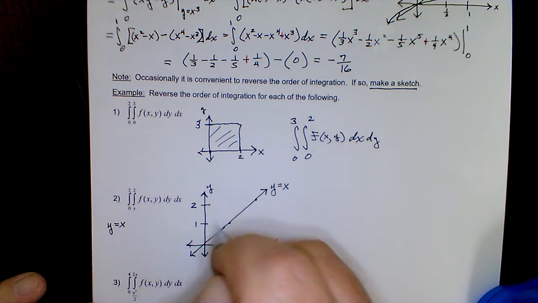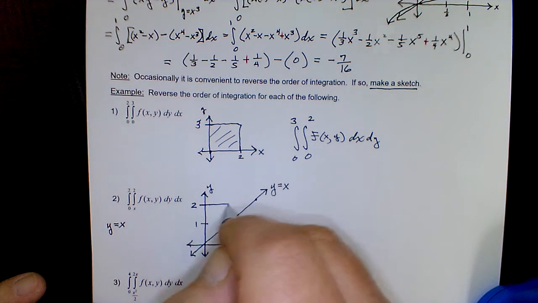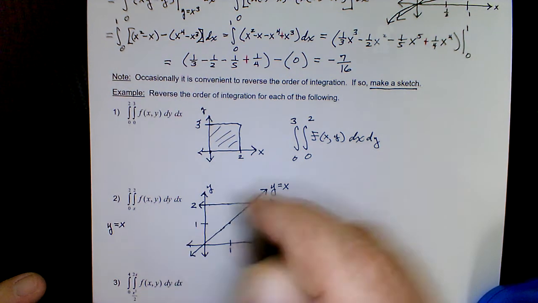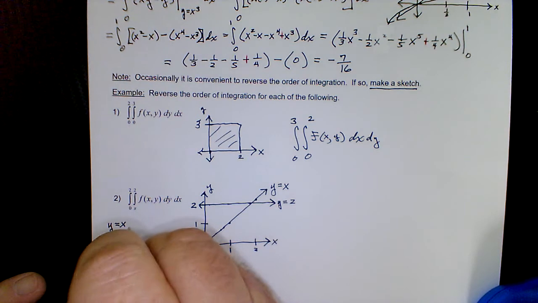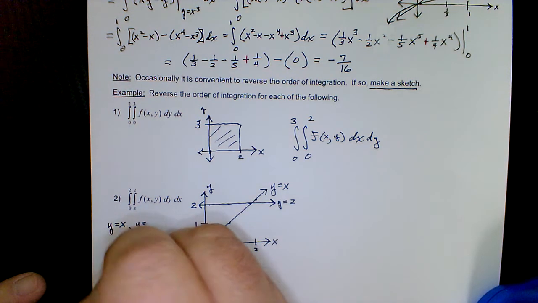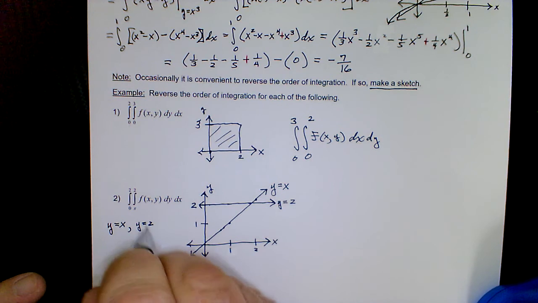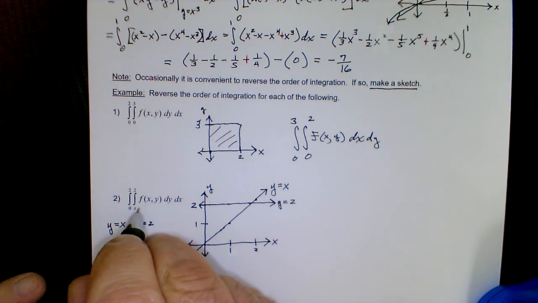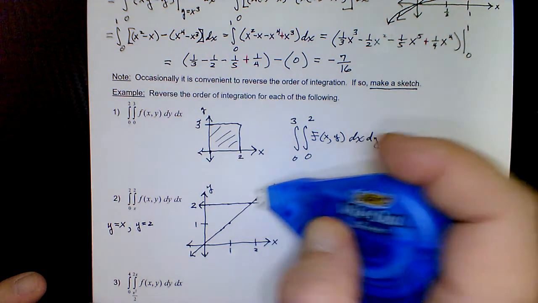So that means from the function up to 2, so we'll have to draw a horizontal line at 2 here. That's y equaling 2. So y equaling x and y equaling 2, that's the lower limit and the upper limit, that are functions of the limits of integration for y.